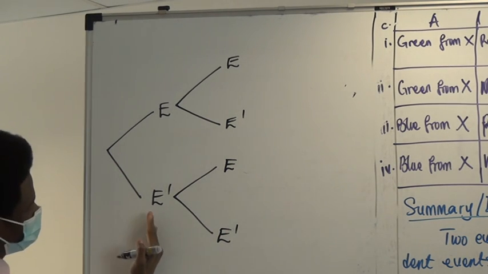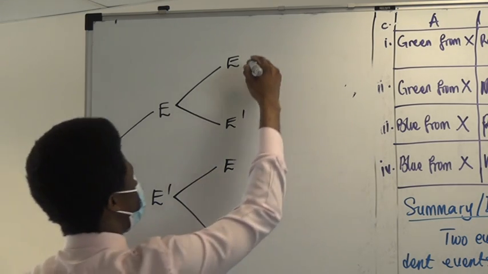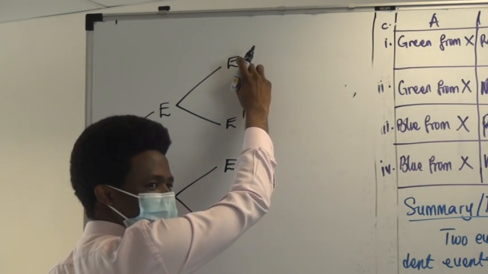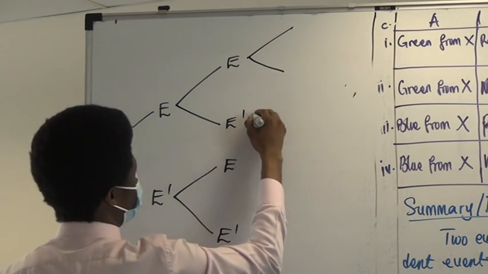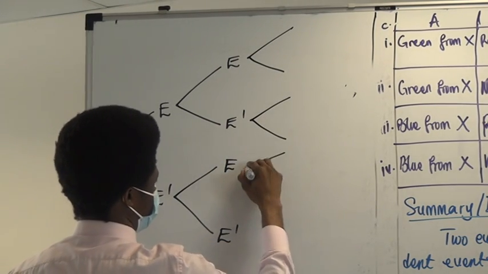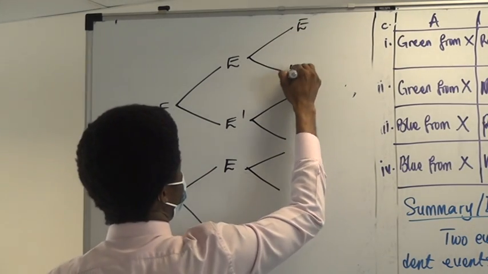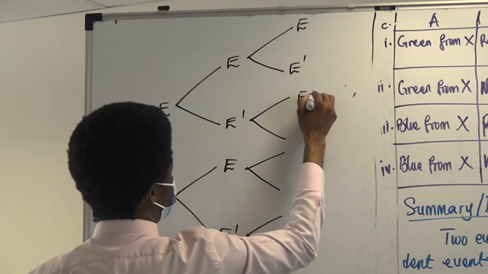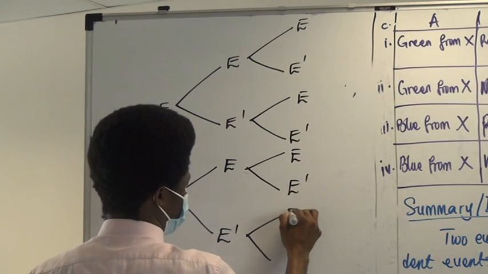Now this is shot 1, this is shot 2. There are 3 shots fired, right? So the fact that the second one hits does not mean the third will, and does not mean it will not. So you have this scenario. Again, it hits, it does not, E prime, E prime.